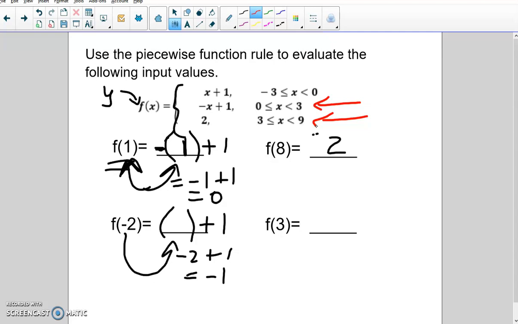So that is the very last part of this piecewise function. That's where x actually equals 3. So in that case, we have, once again, y equals 2 or f of x equals 2. So very simply, then, this is 2 also. Okay, so that's just a quick review of how to evaluate piecewise functions.